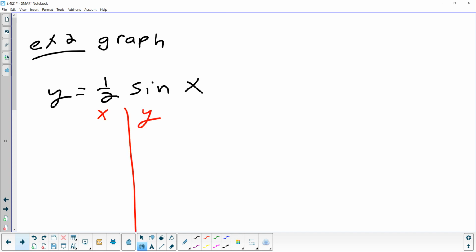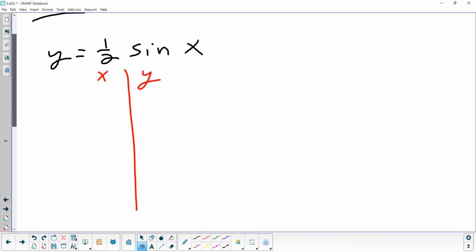Alright, so amplitude change. Ava, what values stay the same? X. Yes. And can you tell me what my x's are? It would be 0, pi over 2, pi, 3 pi over 2, and 2 pi. Yep. So there's my x's.